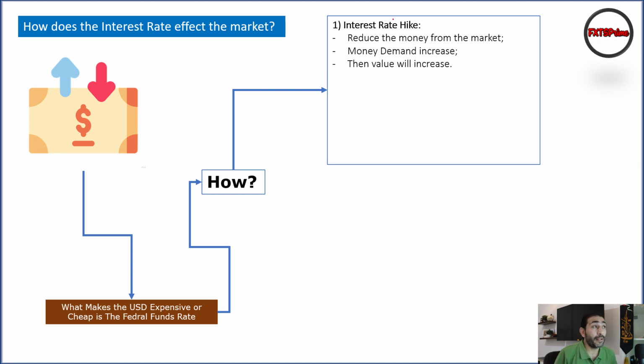So by raising the interest rate, you're going to reduce the money in the market and you get more money demand. The company which you were buying chocolate from to sell in your grocery no longer gets that income from you, because you sold your grocery and you are not buying any more chocolate and you are not selling.